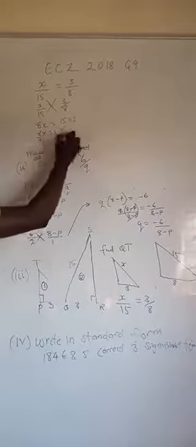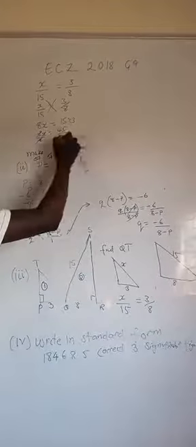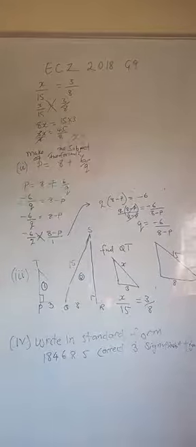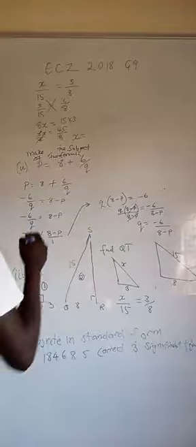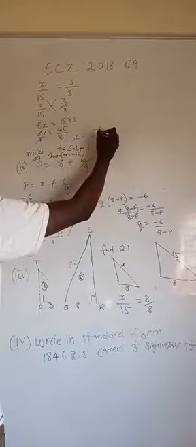Divided by 8, X is therefore equal to 45 over 8. How many times does 8 go into 45? It goes in 5 times, which is 40, remainder 5.